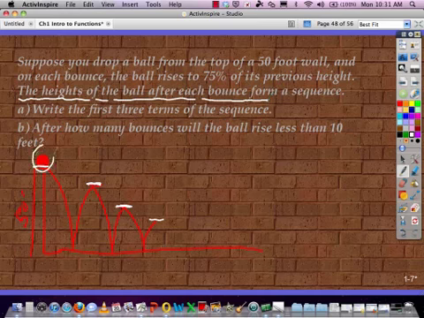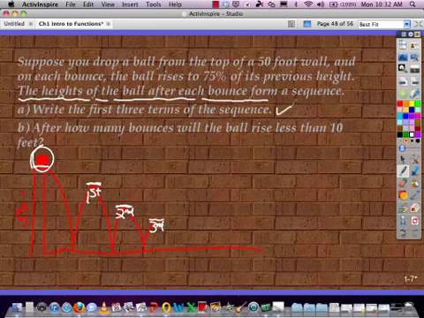So right now the question is, did it bounce? The answer is no, correct. In your thinking, so this would have to be your first term, this would have to be your second term, this would be your third, etc., etc. So calculate what 75% of that initial height is. It would be your first term, then the second, then the third. You have your first part done.